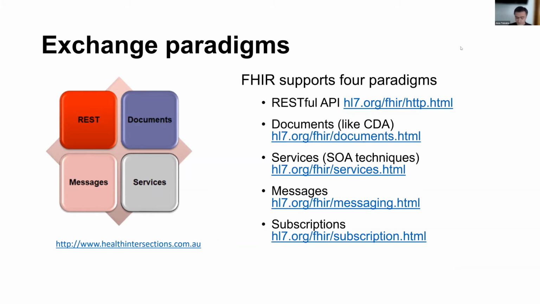So one additional thing that we have briefly mentioned before, and it's going to be relevant for today, is the exchange paradigms of FHIR. So how do we exchange all the data that we've seen in that simple JSON file there? How do we exchange that data? So we have different ways of exchanging that.